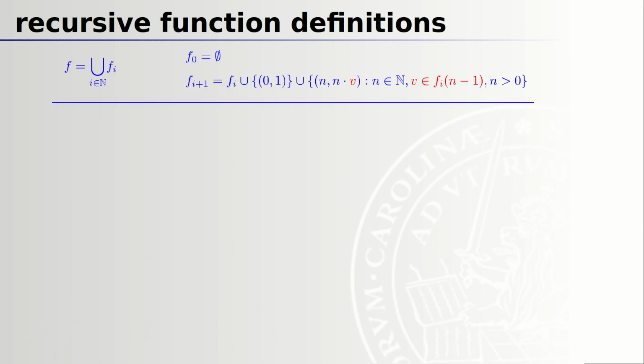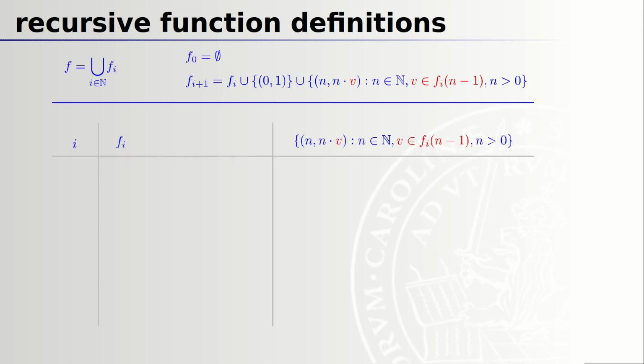For illustration, let's look at how the fi are being computed in this case. In this little table, the first column contains the i's, the second the fi's, and the third is the recursive case of the next fi plus 1 that is derived from it. We start with f0 as the empty set like before. The recursive case has nothing to recur on, so it too is empty.